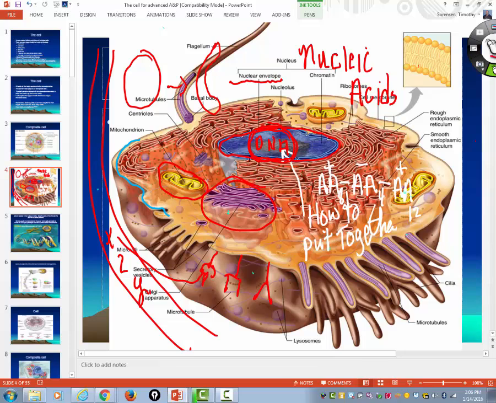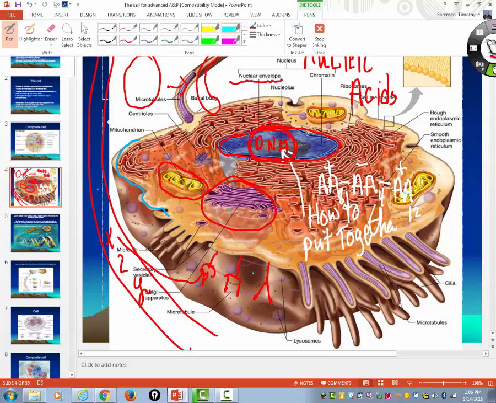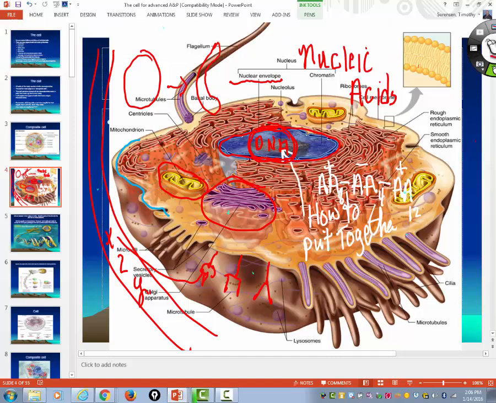And again, that makes perfect sense, because you don't want chemicals that are inside the cell just willy-nilly going into the nucleus, because they can potentially damage the DNA. So where do you get the code to put together your proteins? You get the code from DNA.